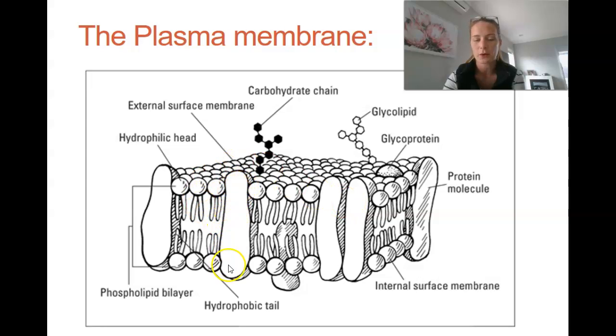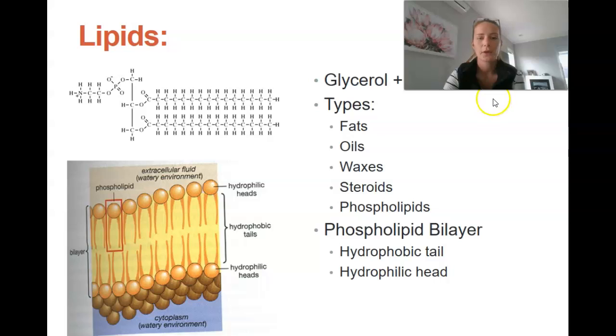It's not talking about all the integral proteins, transmembrane proteins. If you're asked about the arrangement of lipids in the phospholipid bilayer, it's only asking you to draw, and that's a very common question to ask, the phospholipids in their formation. So with the hydrophobic tails pointing in, and the hydrophilic heads on the outside, and they sandwich together in that way. All right, so that is plasma membrane structure.